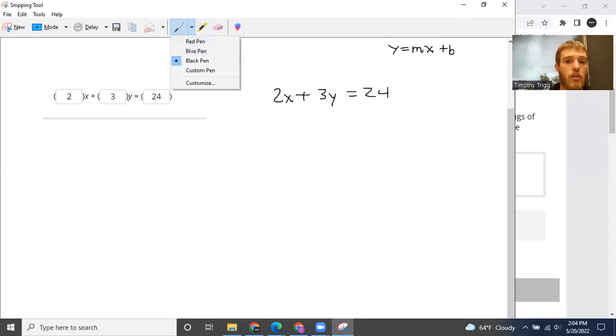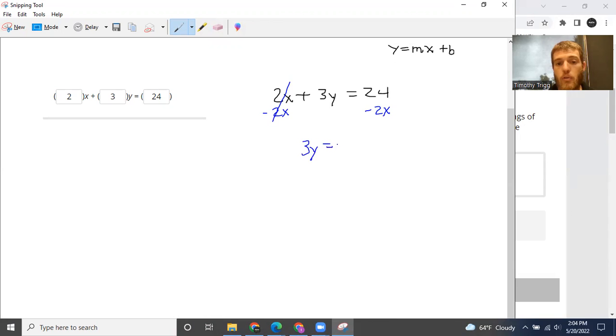First thing we're going to do to help us solve for y is subtract 2x from both sides of the equation, canceling it on the left, giving us 3y equals negative 2x plus 24. Lastly, to get y by itself, we're going to divide by 3, canceling this 3.